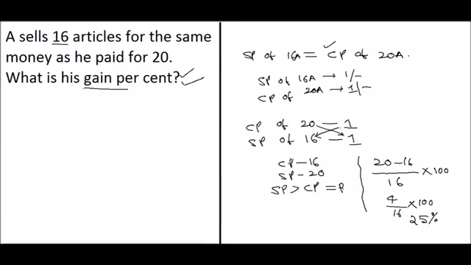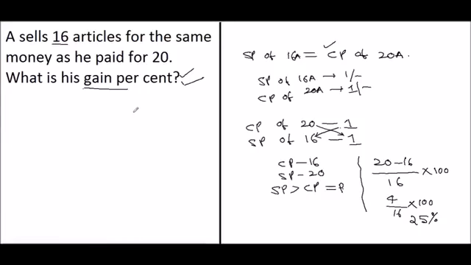Then why can't we do this question with one step only? Think it over, friends. We can do this question in one step only. When he sells 16 articles for the same money as he paid for 20, just now I have explained in the beginning of the question, he is recovering the cost of 20 articles only by selling 16 articles.